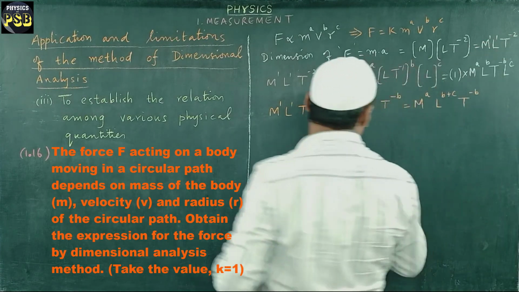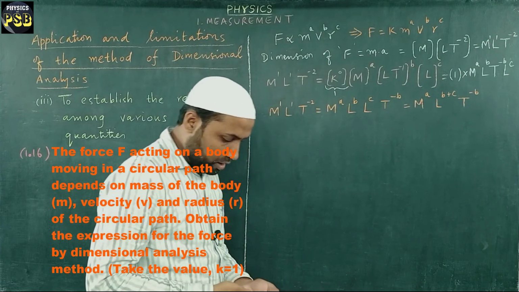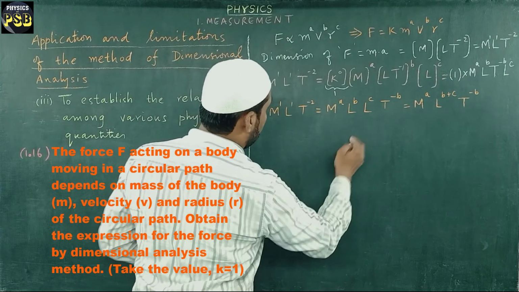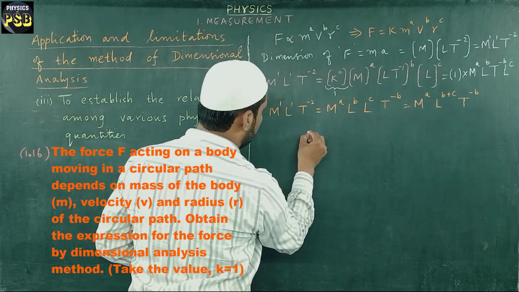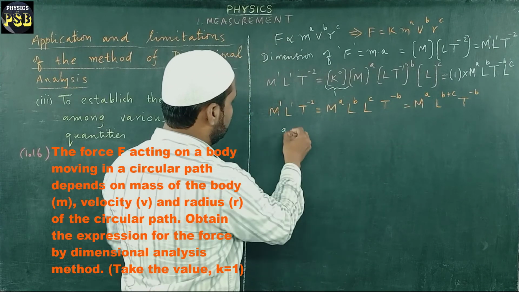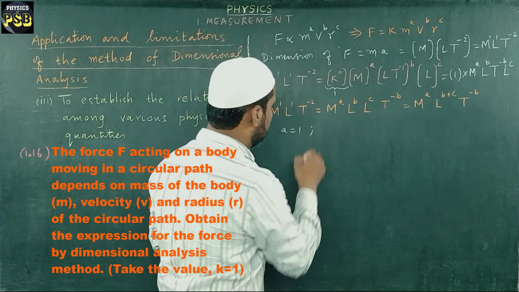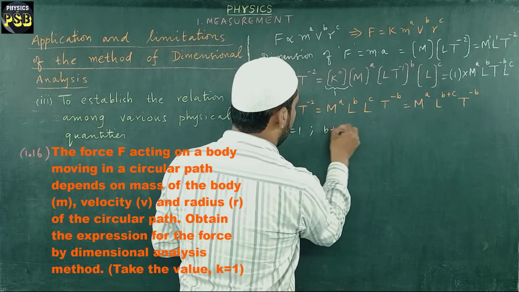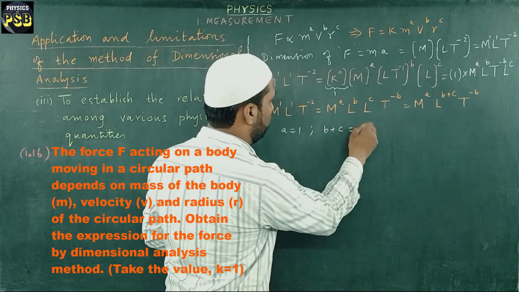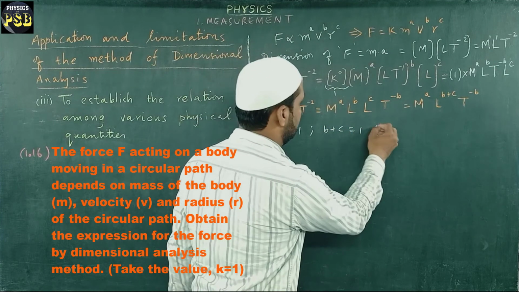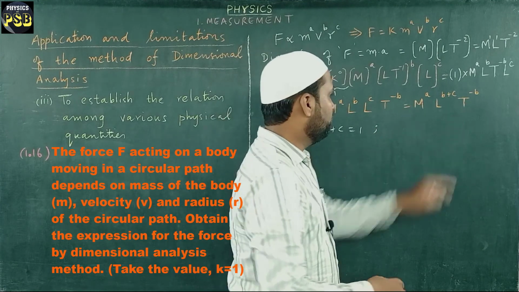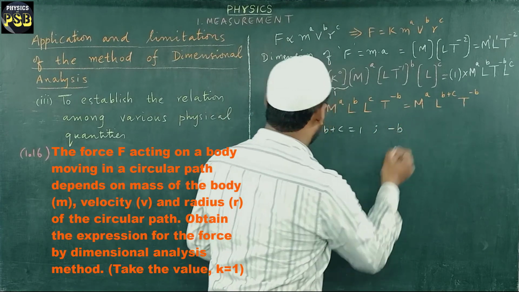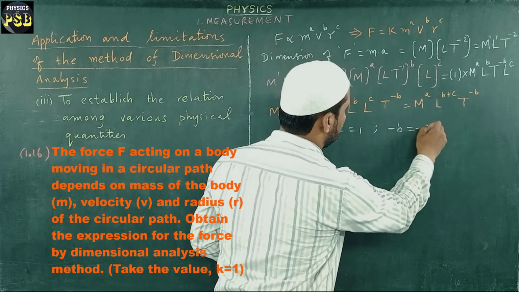By doing so, what do you get? Here the power of M is a. Here the power of M is 1. So a is equal to 1. Here the power of L is b plus c. Here the power of L is 1. So you get this. The next, the power of T is minus b. Here the power of T is minus 2.